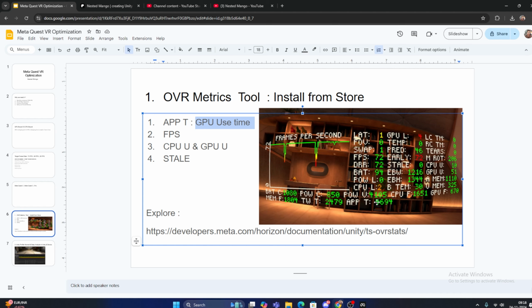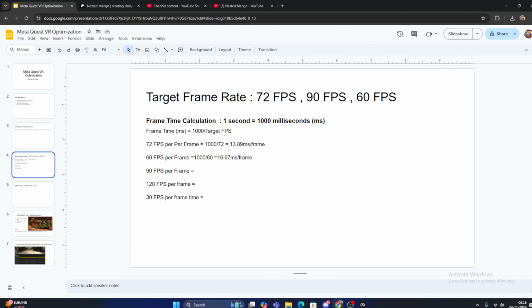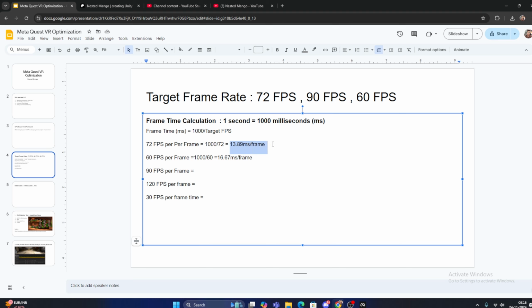But if there is any problem, it will turn red. If you are targeting 72 fps, your target is 13.89 ms per frame.